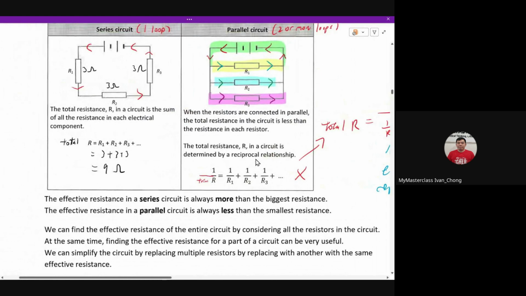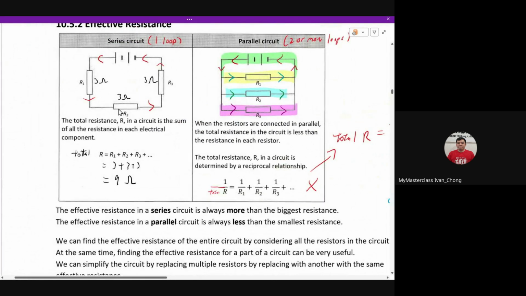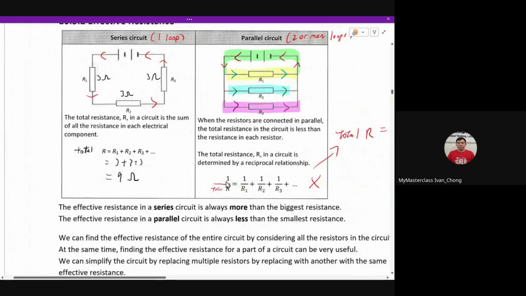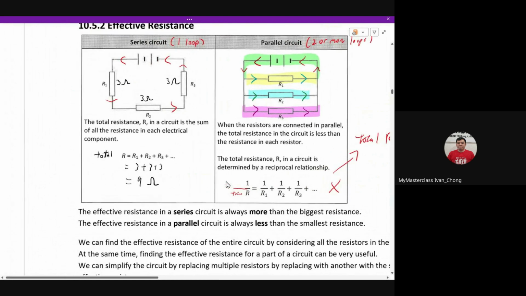For your effective resistance, if you put resistors in series, it will always be bigger. What I mean is, if you add a resistor in series, total resistance will increase. If I remove a resistor in series, my total resistance will decrease.